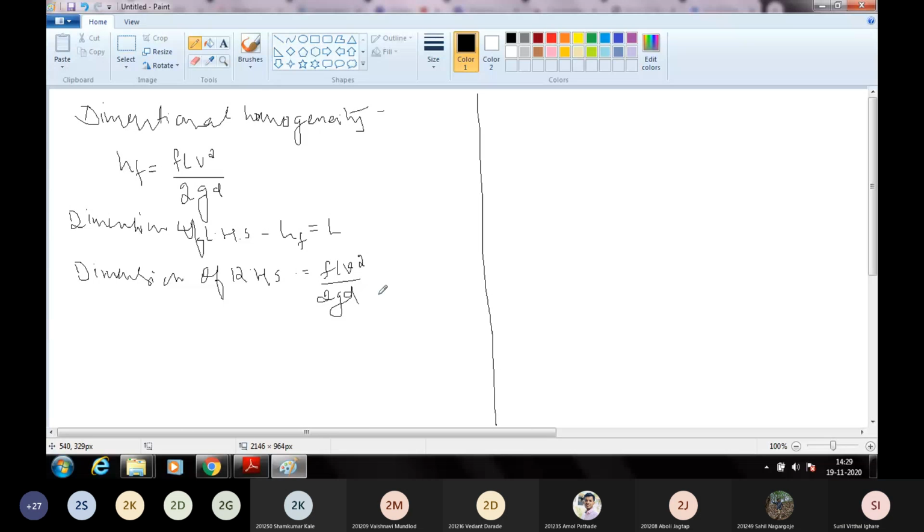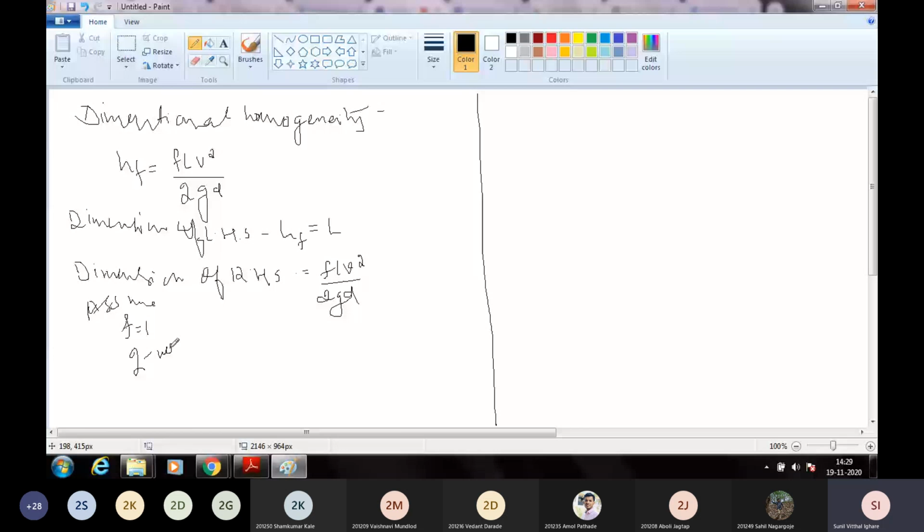Okay. So in this case, you have to take the constant, that is the frictional coefficient value, as 1. You have to assume. Then the next is to neglect the constant term, that is 2 in the denominator. So these two are going to be neglected.